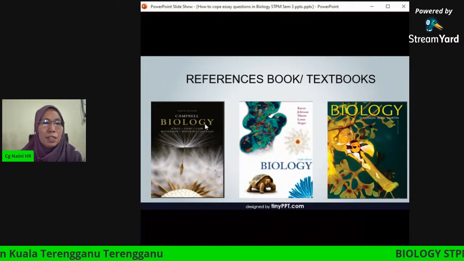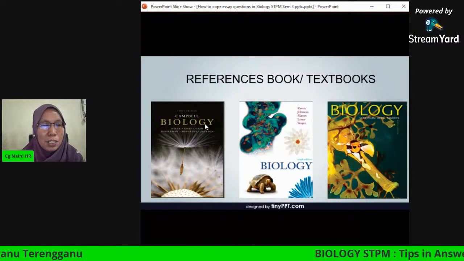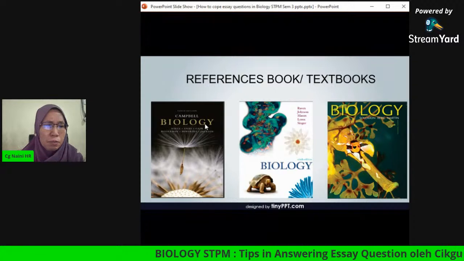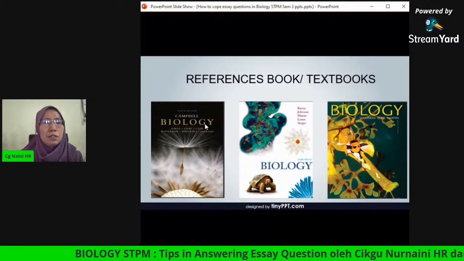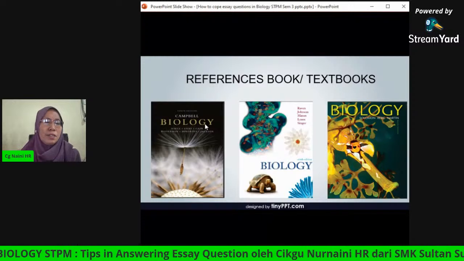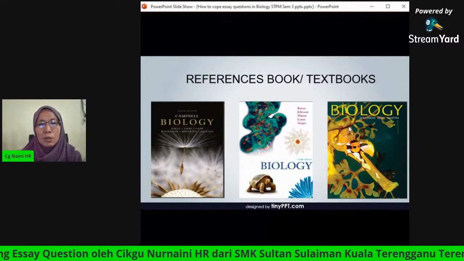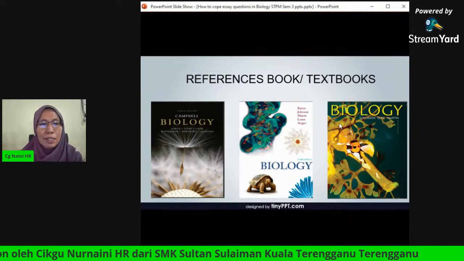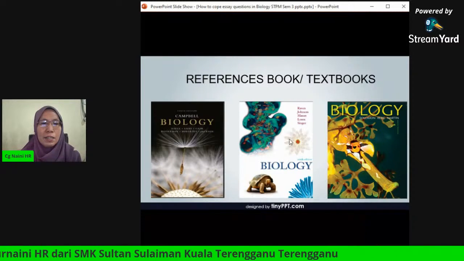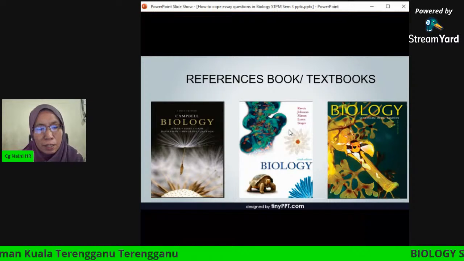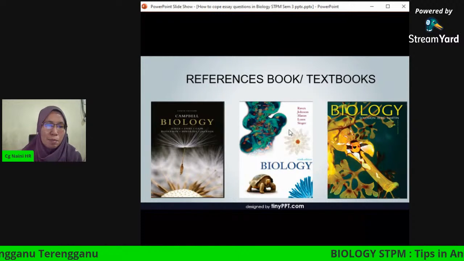If you have Campbell Biology only, it is enough, because most of the facts or ideas come from this book. The second book is Solomon, and also another book, Biology by Raven. You can refer to other reference books in the Biology STPM syllabus.